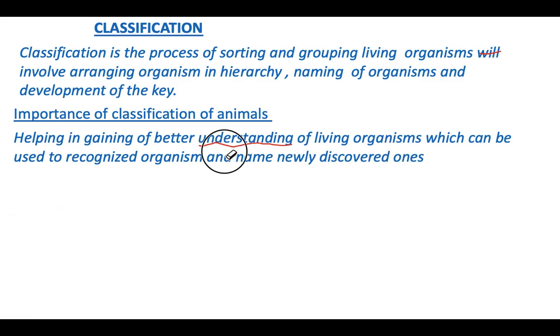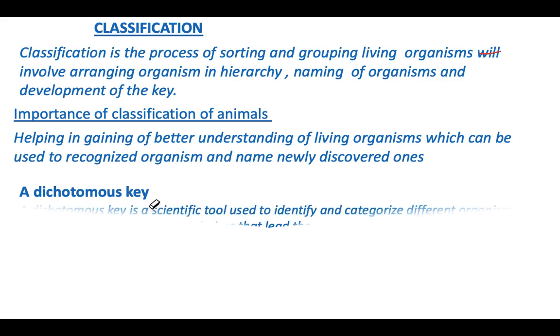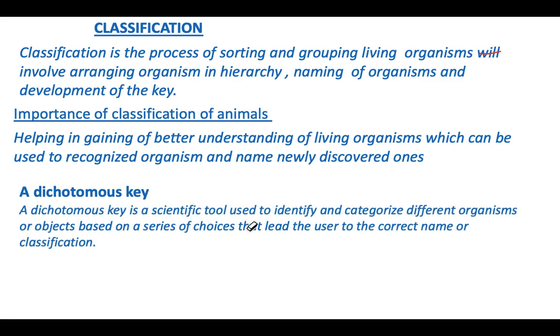So classification is important in these lines. Then we look at the dichotomous key. In classification, we have a special key which we call the dichotomous key. A dichotomous key is a scientific tool used to identify and categorize different organisms or objects based on a series of choices that lead the user to a correct name or classification.